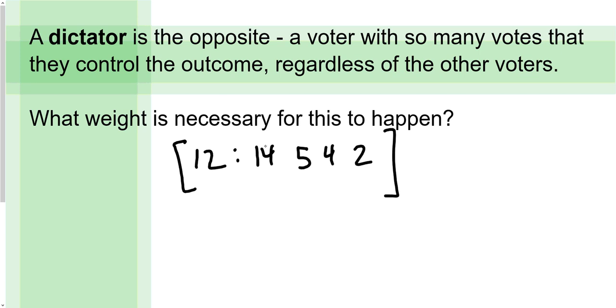So if he votes yes, the motion automatically passes. But what happens if he votes no? If he votes no, the other 3 people don't have 12 votes. They cannot override the 14. So in this particular situation, this 14 is a dictator, because what he says goes, and a dictator has 100% of the power.